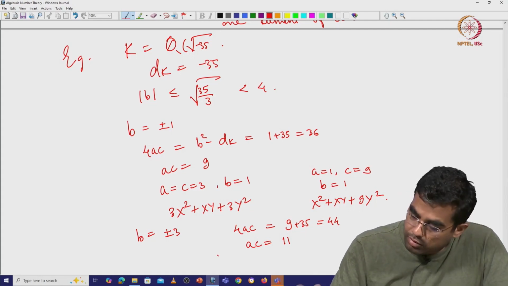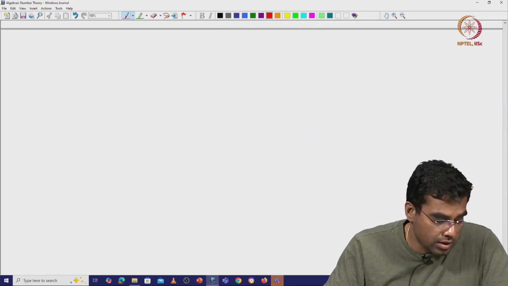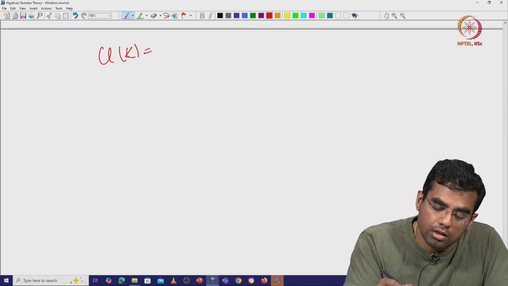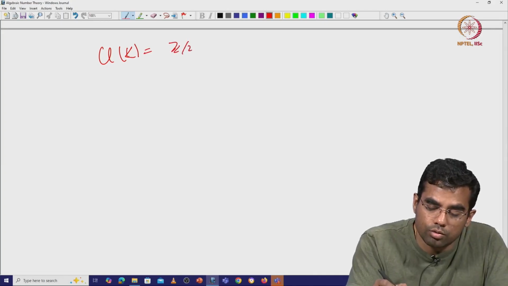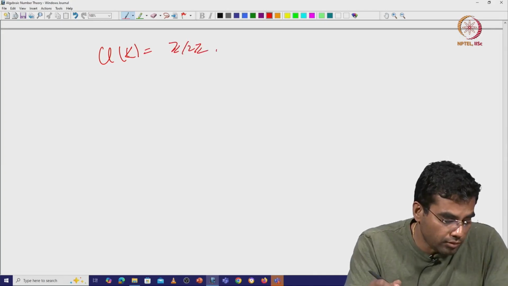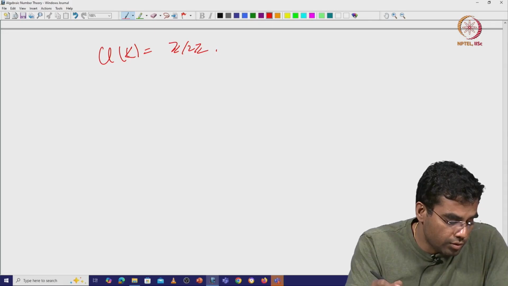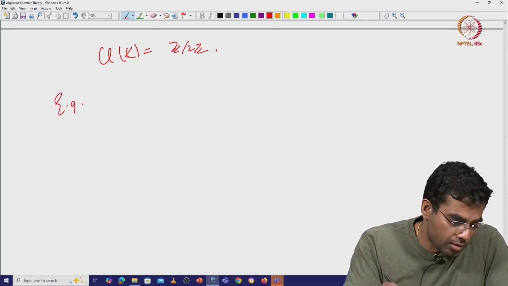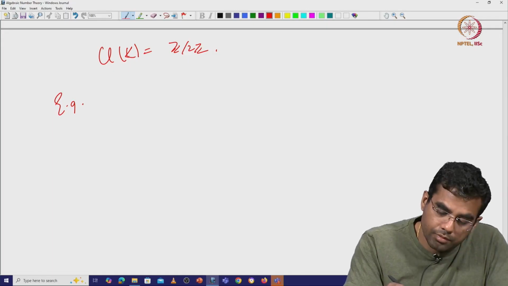So there are no binary quadratic forms given by this. Okay. So again CL(K) is Z mod 2Z, right. So this is what you would expect, and let us look at one more example, a bigger one.